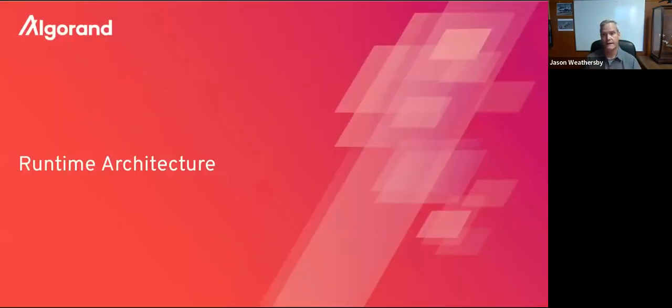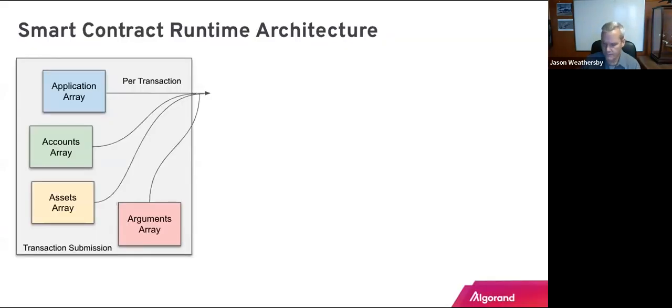All right, so that's a high-level overview of some of the pieces. We're going to get a little bit deeper now, digging into the runtime architecture, and then we'll jump into TEAL. The runtime architecture is a little bit different, and it's fairly detailed when we talk about an application transaction.